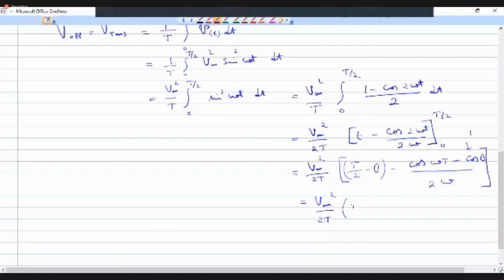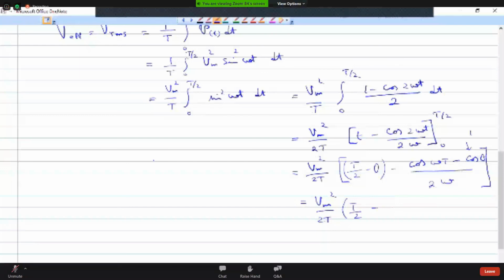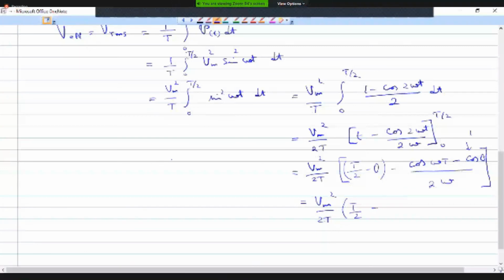Because no response I am getting. T by 2 minus. Now you can substitute what is equal to capital T. Capital T is 2 pi by omega.